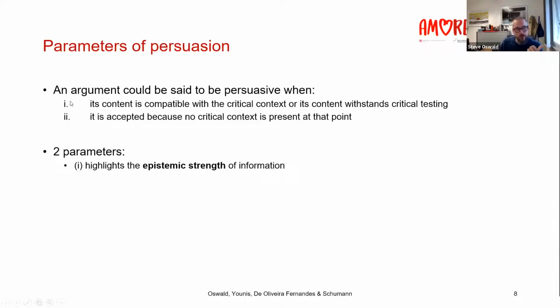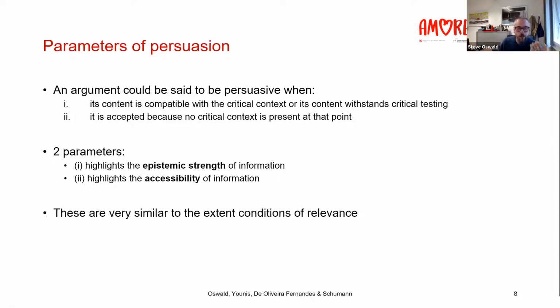So the first scenario here is about which piece of information wins in epistemic terms. And the second has to do with the accessibility of information, whether you're able to summon counter evidence or critical objections. And these two are very similar to the extent conditions of relevance. One would relate to cognitive effect, which in RT is defined in epistemic terms most of the time: adding reliable new information, or rejecting old information that turns out to be inaccurate, or strengthening old information that was uncertain.